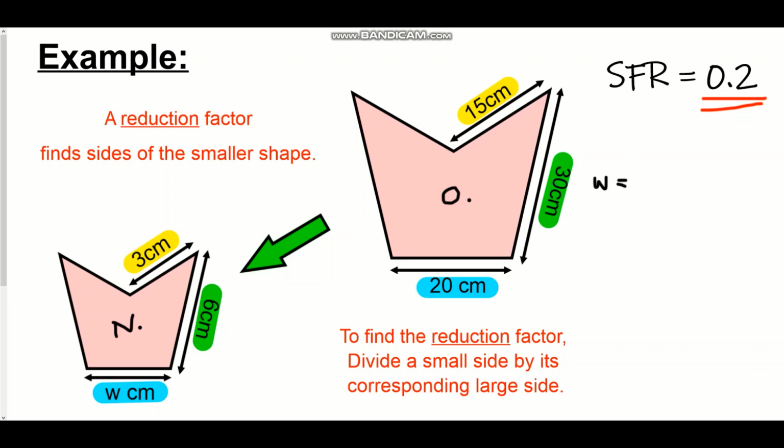We're going to write down its corresponding side length. The blue here is 20, which matches with the blue of W. So we're going to write 20. We're going to multiply that by the scale factor reduction. So 20 times 0.2 is going to be equal to 4 centimeters. Again, it's as simple as that. Once you've got a side length in centimeters that's not a multiplication, then you've got your final answer.